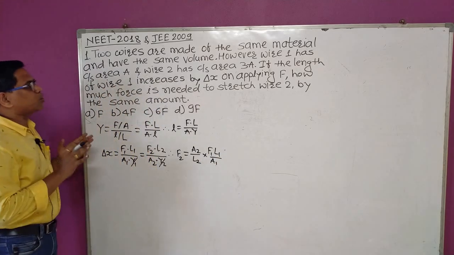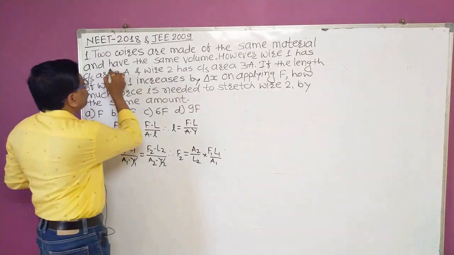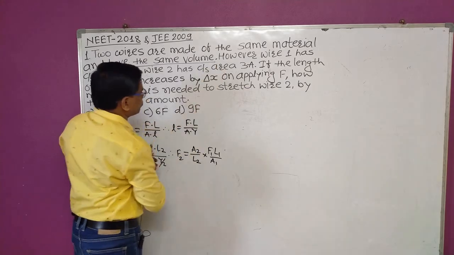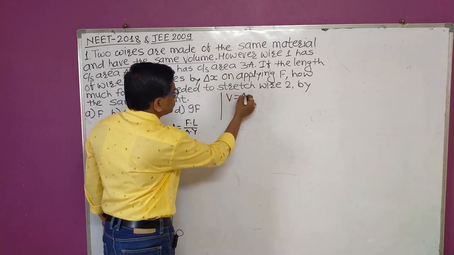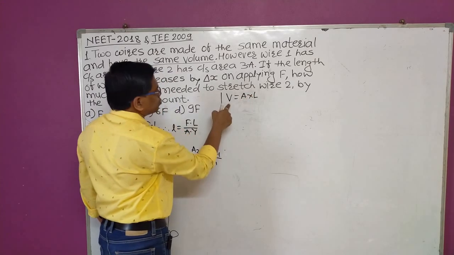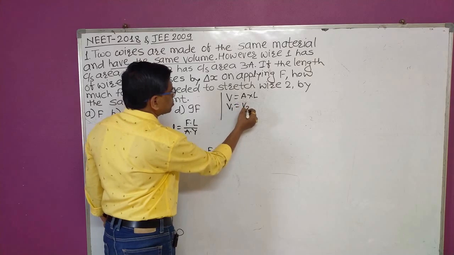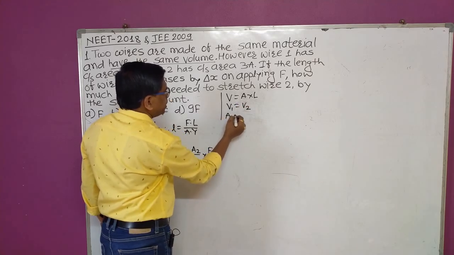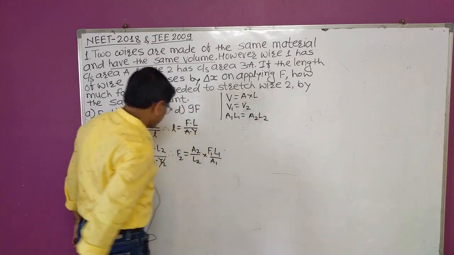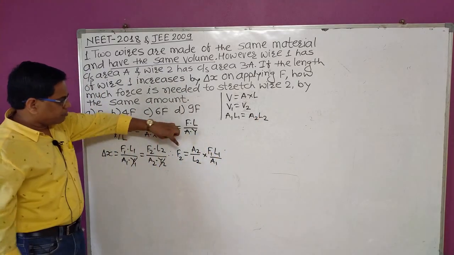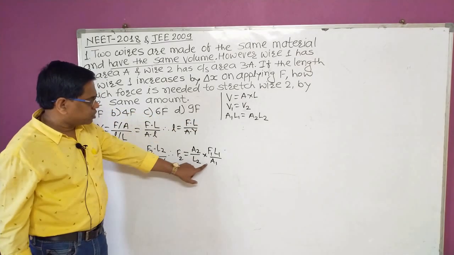Now you have to concentrate on one more data that is given in the problem, that both wires have the same volume. So we know that volume is equal to area into length. So both wires are having the same volume, means V1 is equal to V2. What does this mean? A1 L1 must be equal to A2 L2. So here we get F2 is equal to A2 L1 upon L2 A1.